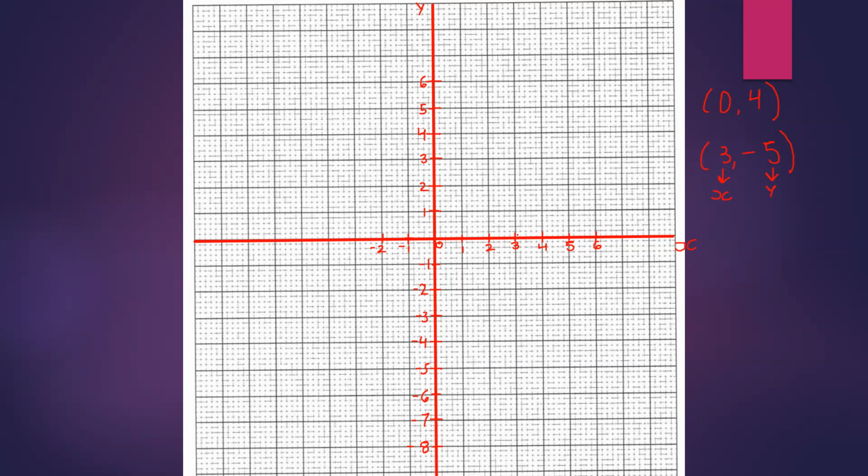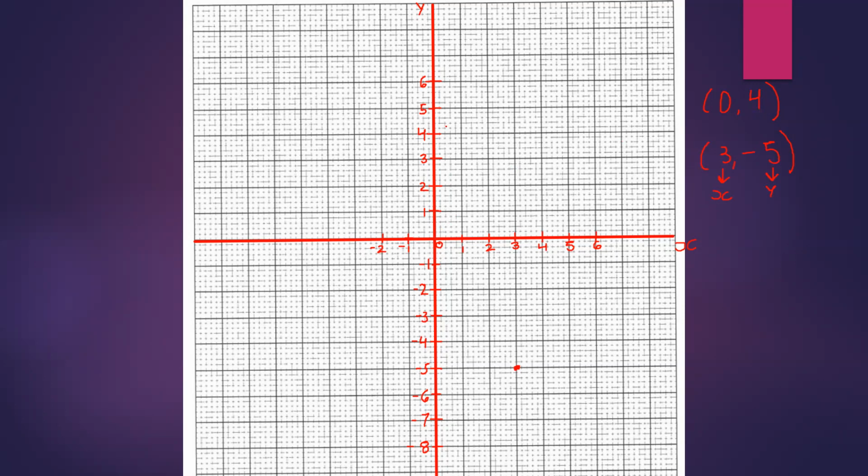See that? Now we need to go down to -5, but we have to stay at 3. So you're going to go 1, 2, 3, 4, 5. So this is the point right there. 3, -5. You understand that? Yes, sir.